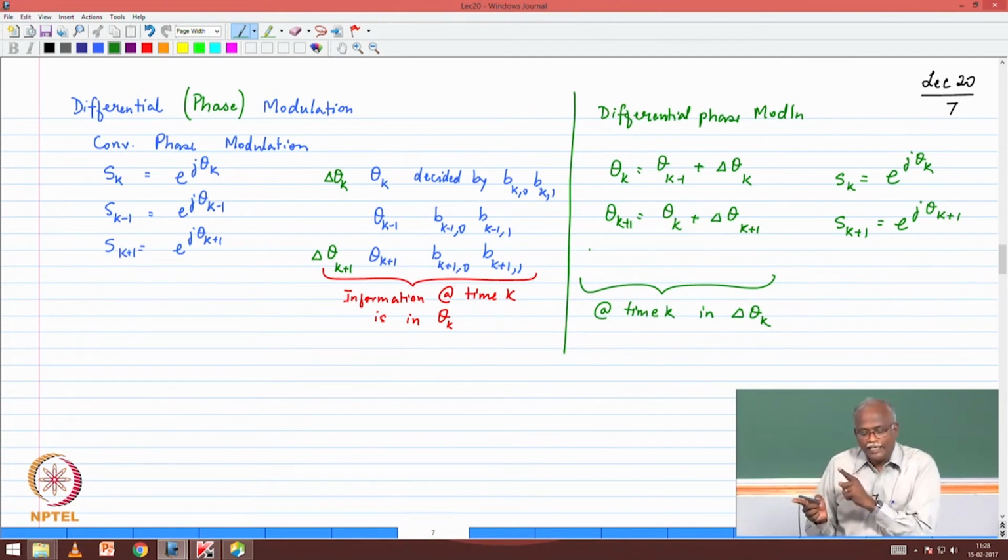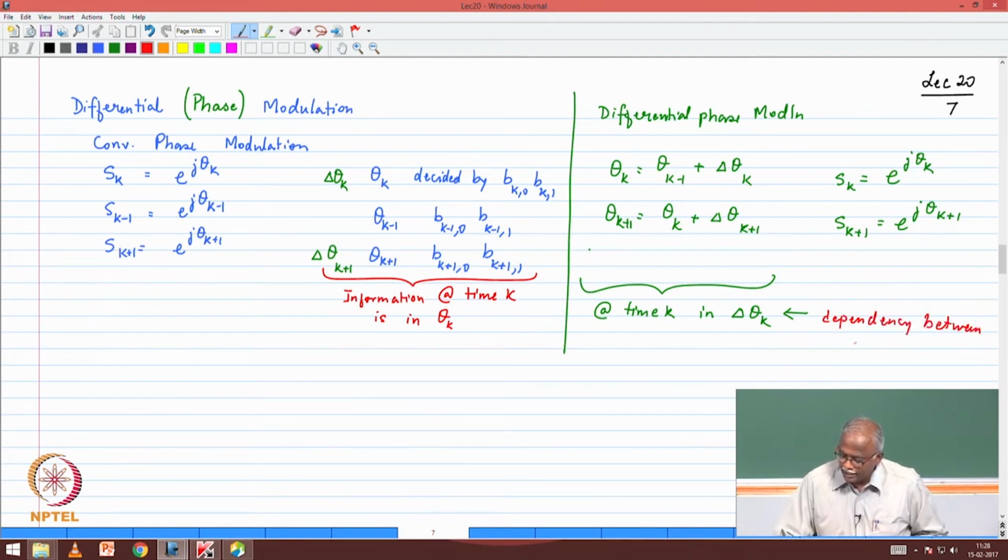But delta theta_k introduces a relationship between s_{k+1} and s_k, or in this case between s_{k-1} and s_k. So delta theta_k actually introduces dependencies. There is a dependency between s_{k-1} and s_k, and the relationship is s_k equal to s_{k-1} e^{j delta theta_k}. That's another way of writing the same equation; this is the same as saying e^{j(theta_{k-1} plus delta theta_k)}.